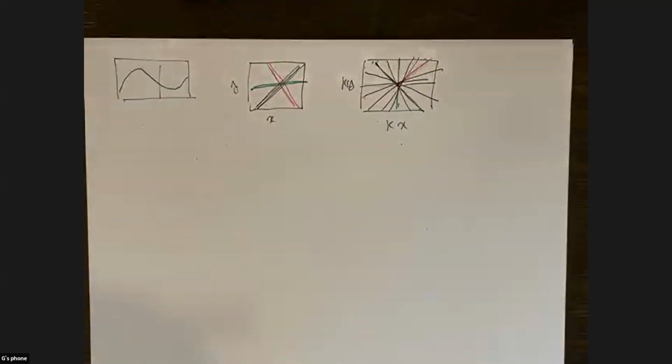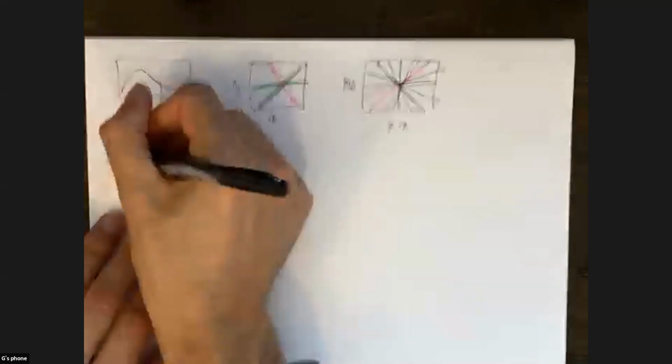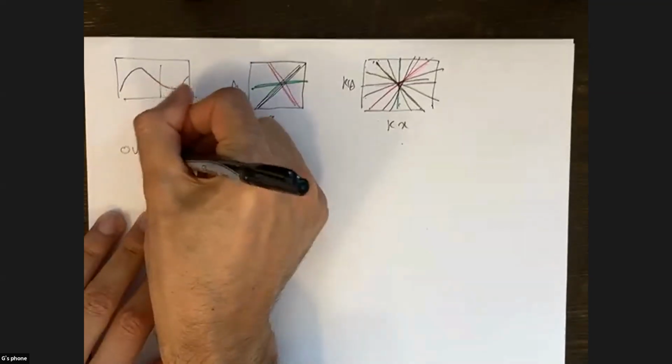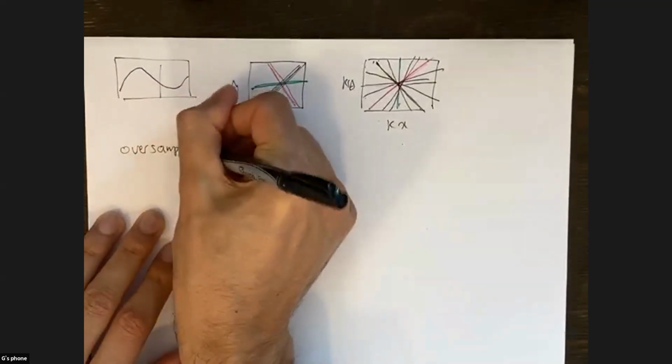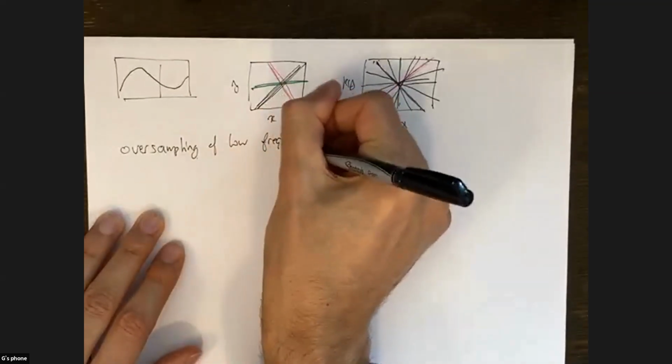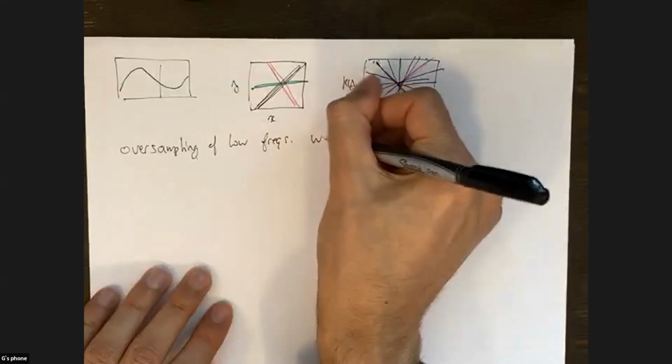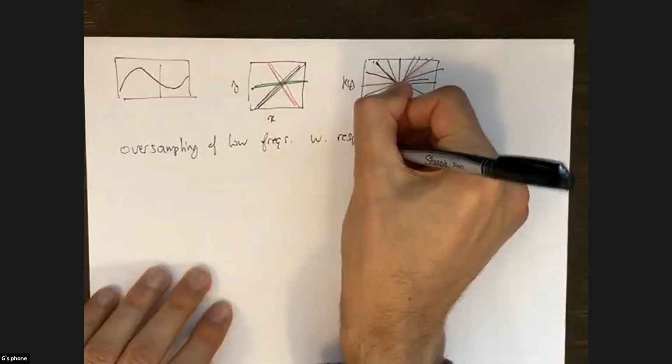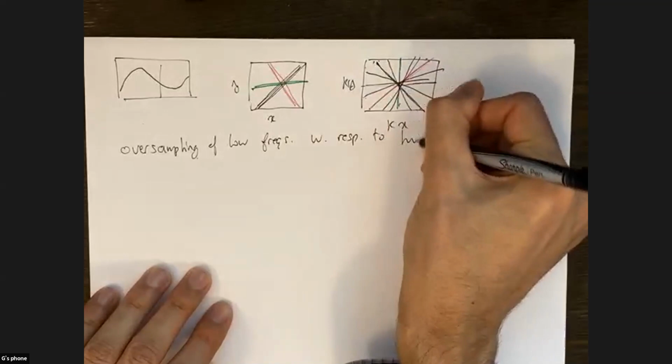Okay. And so there's an oversampling of low frequencies with respect to high frequencies.